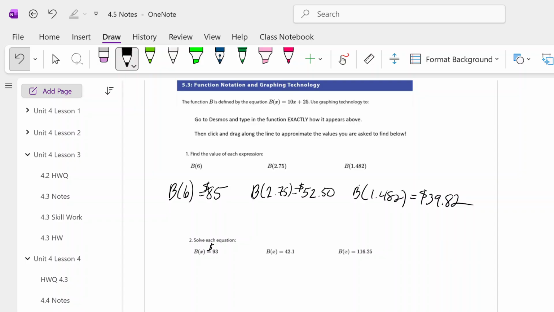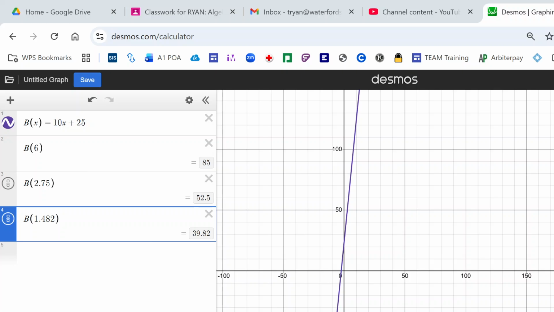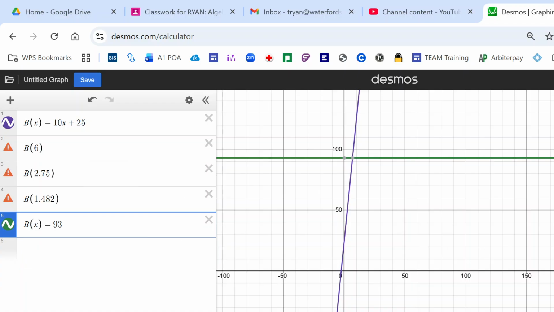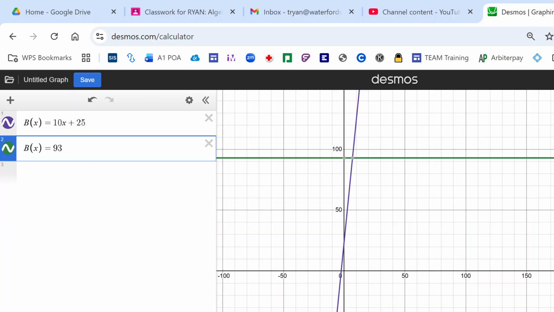Well, here's a great thing that we can do. We put this into Desmos and watch what happens. So we do b, same thing. We can even use b again. That's the great thing. Equals 93. And now there's another function that pops up on our graph. Let me take these out so they're not confused here.